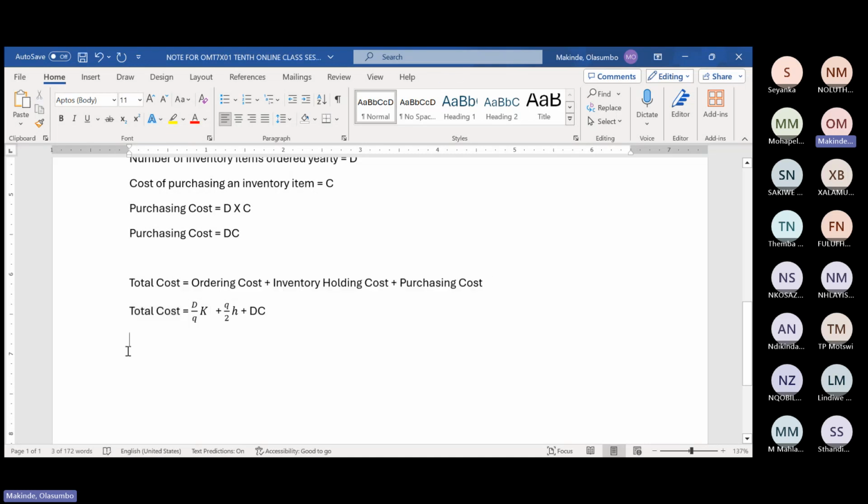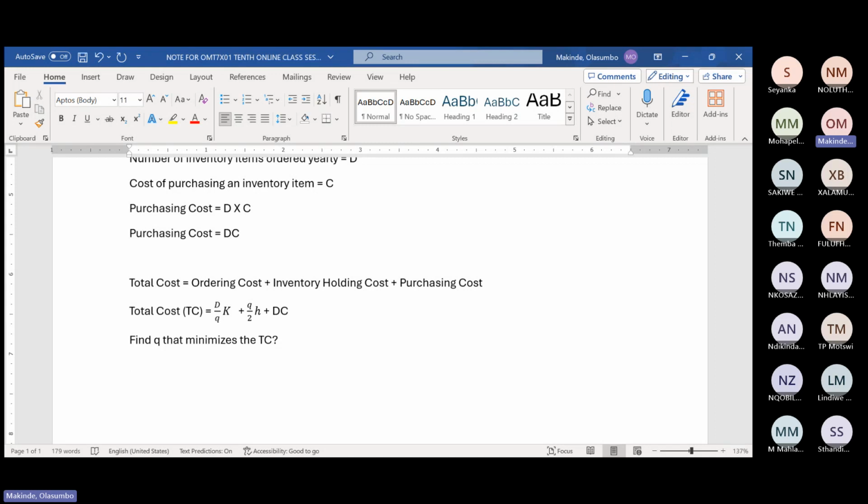Here now we represent this total cost as TC, so that it's easy for us to do the mathematical formulation further. What we want to do is find Q, how many we should order, that minimizes the TC. Anytime you are trying to solve this, you have to apply differential calculus.